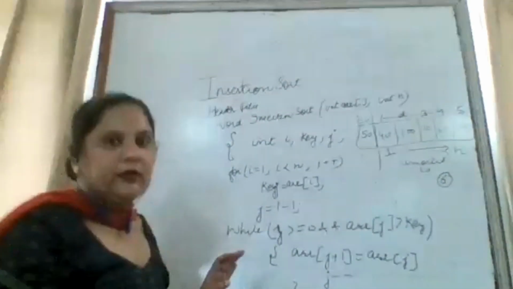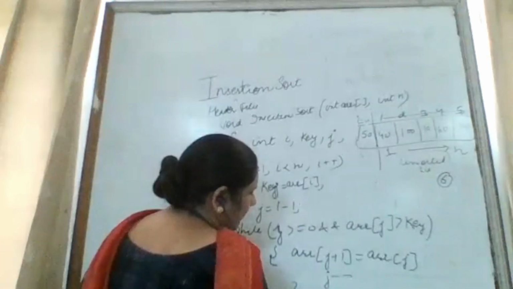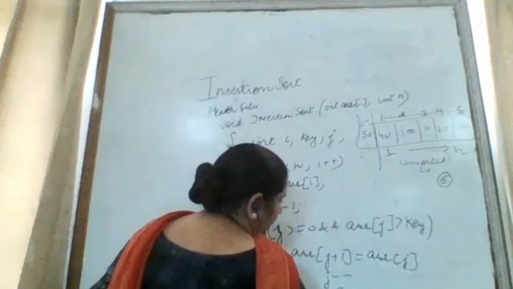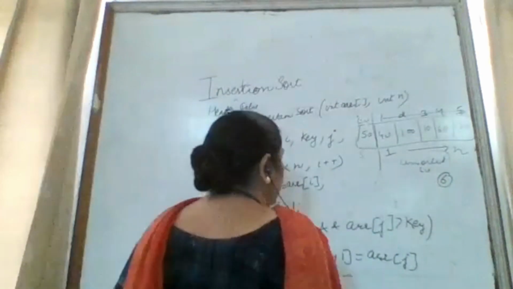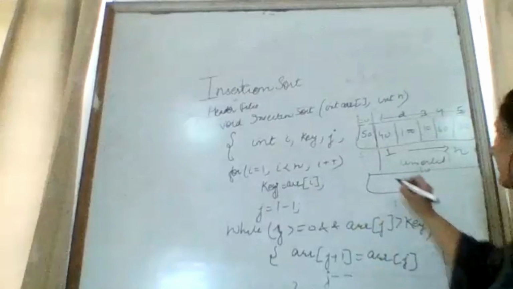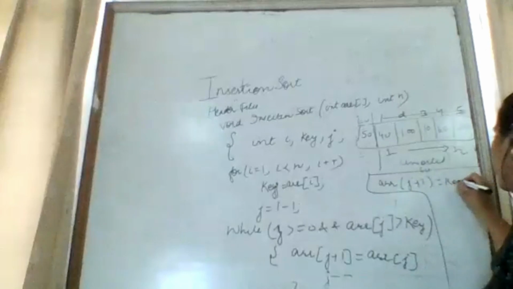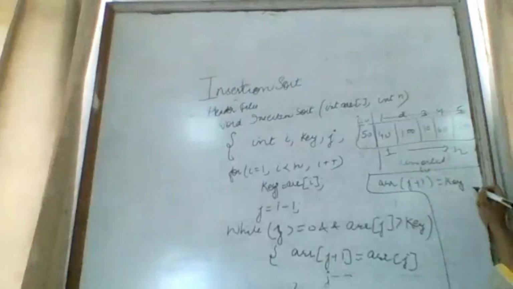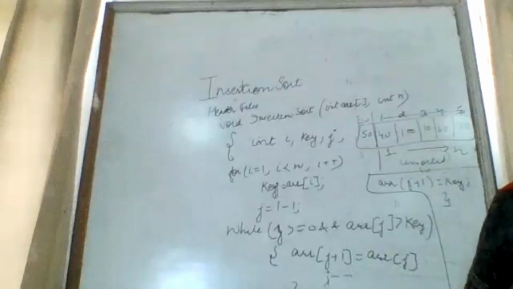It is not visible to you, so I'll write here. That means your key will be inserted at the vacant, suitable position, and you will close this loop.